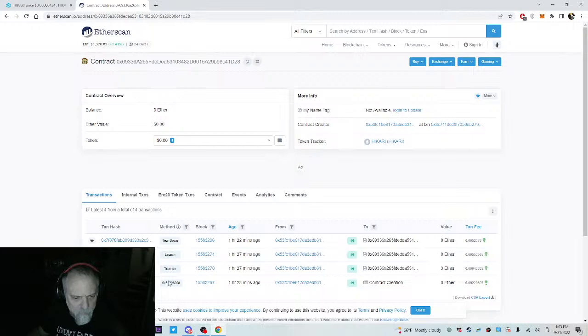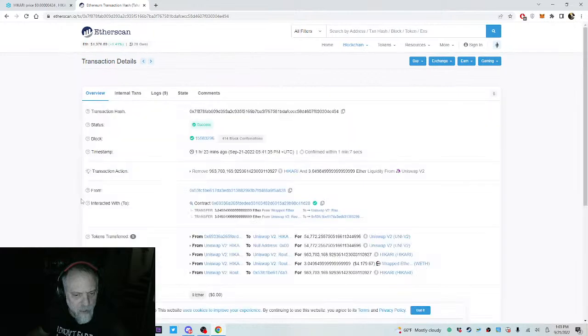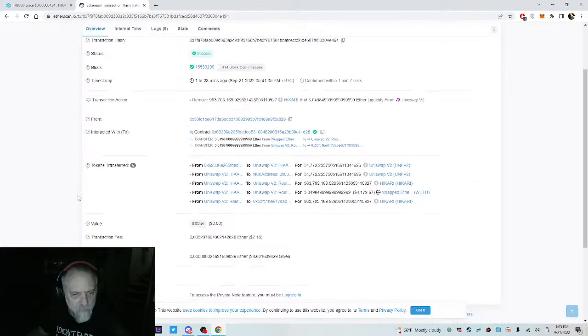Contract creation. Transferred in, launched it, right there and then tore it down 5 minutes later. So that's all the more time that that one ran. Everything's on the blockchain telling you exactly what happened. So they must not have made any money out of that one.